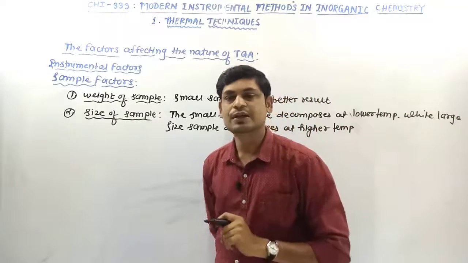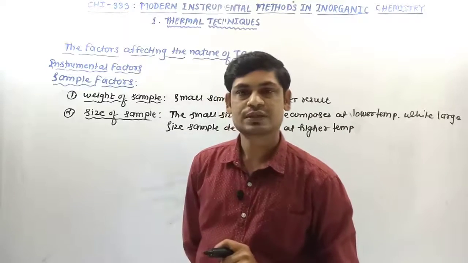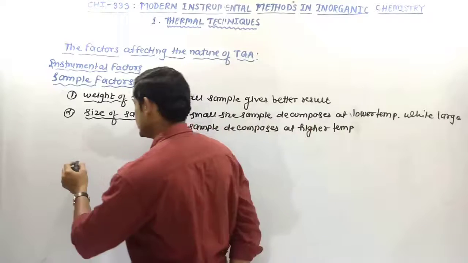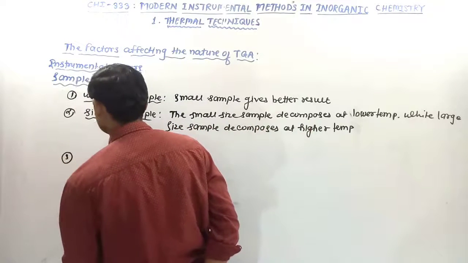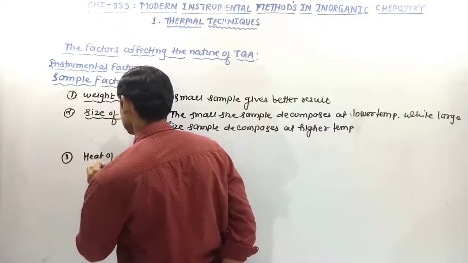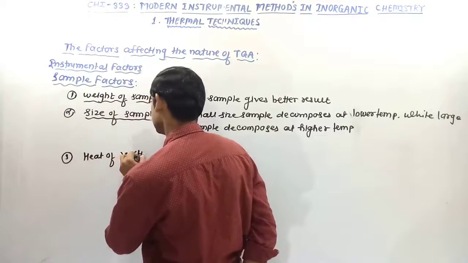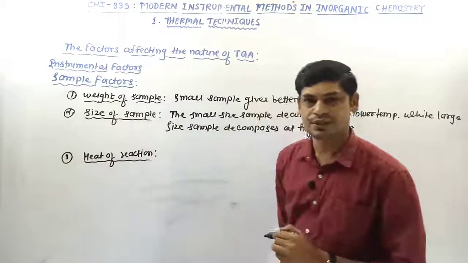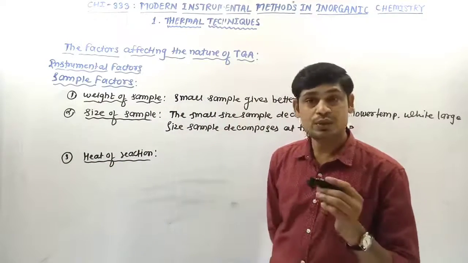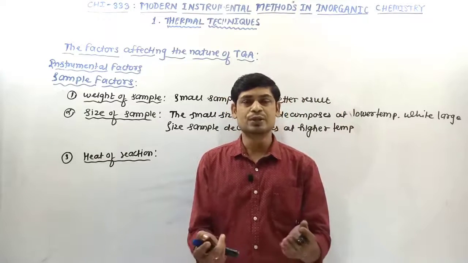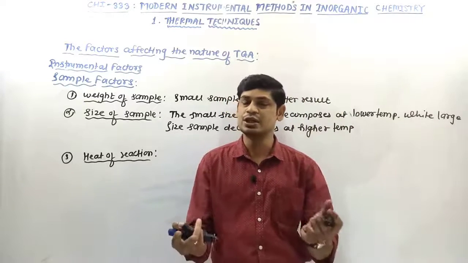The third sample factor is the heat of a reaction, because heat of reaction is one of the important characteristics of any substance. We call it the enthalpy of a reaction. During the decomposition, obviously decomposition is one of the operations, and any operation is known as a chemical change or chemical reaction.